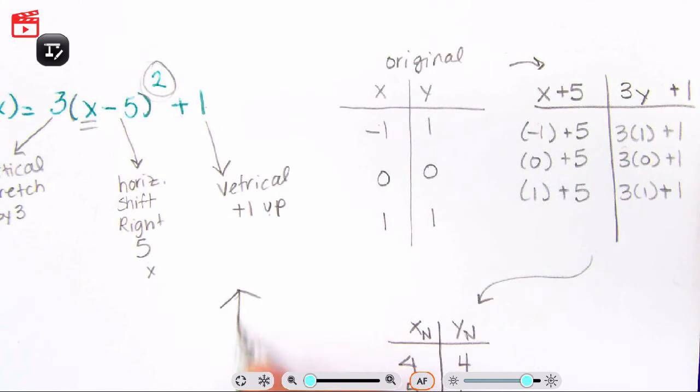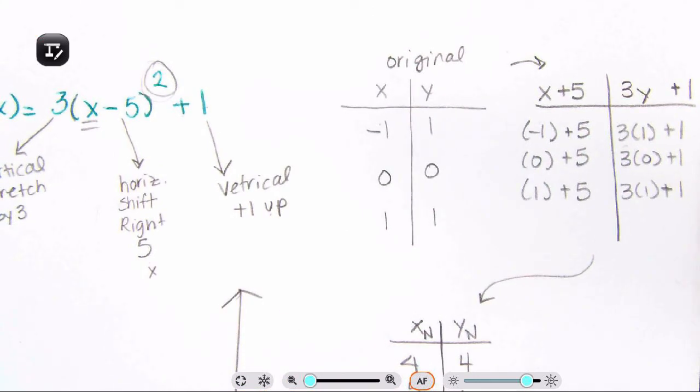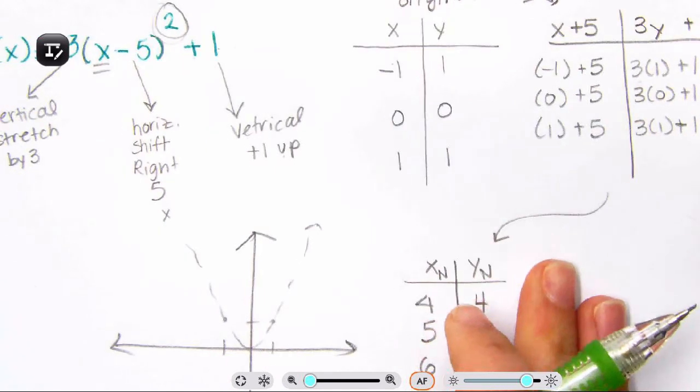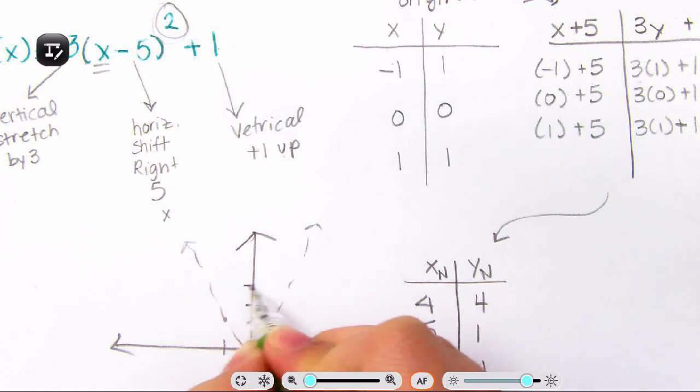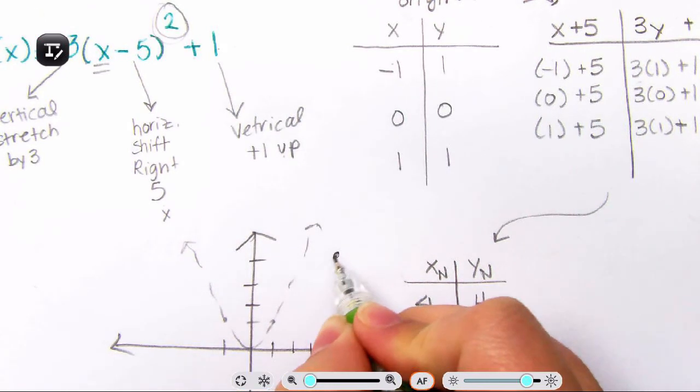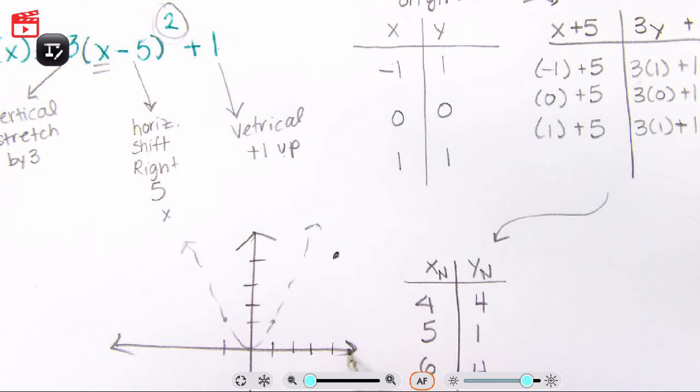So how would this look? Again, how does the parent look? This is the parent function. Do a quick sketch. That's the parent function. So now we're looking at these points. This is 1, 2, 3, 4, 1, 2, 3, 4. Here's 1 point. 5 and 1.